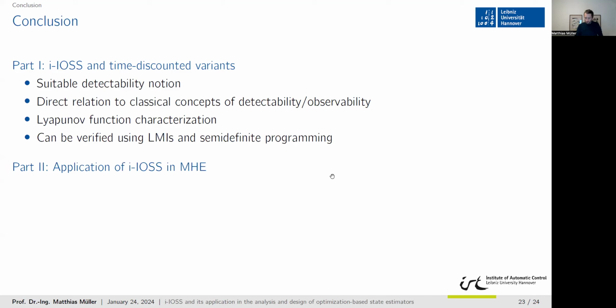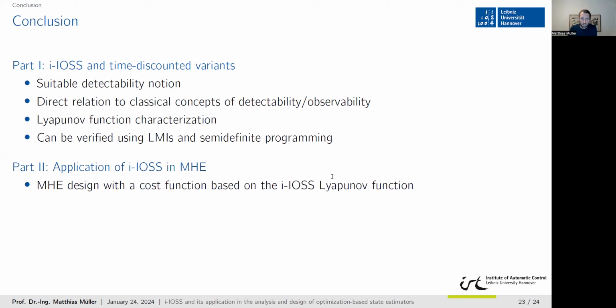And in the second part, I showed you that we can exploit this notion for the design of nonlinear state estimators, optimization-based state estimators. In particular, the cost function, which I use in the moving horizon estimation, can be chosen directly in relation to the constants and matrices appearing in the Lyapunov characterization of incremental IOSS.